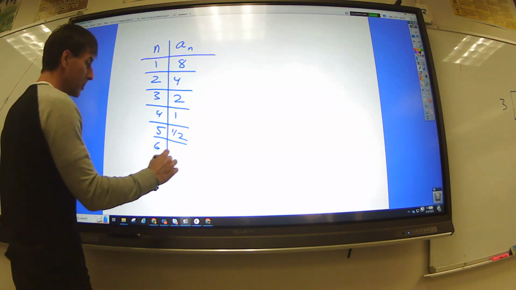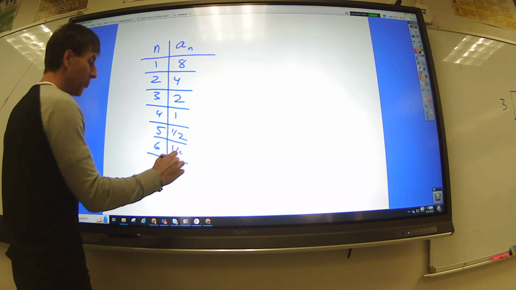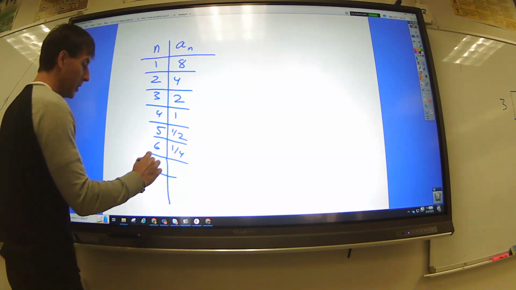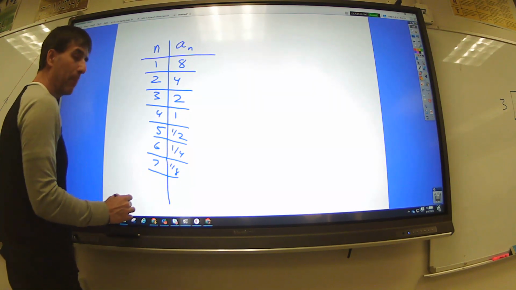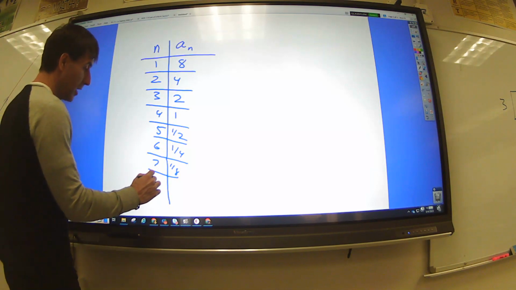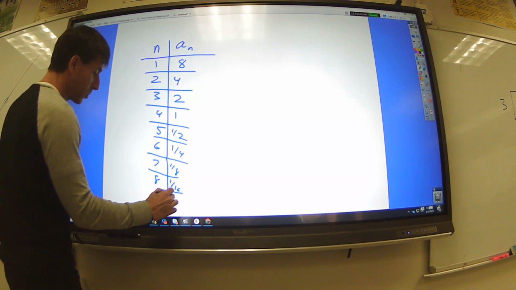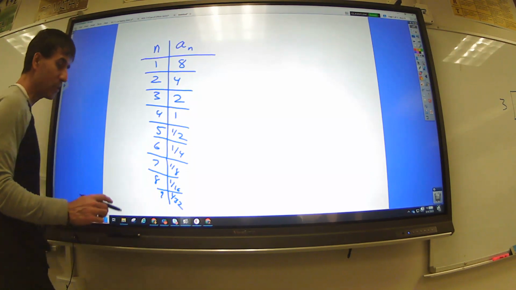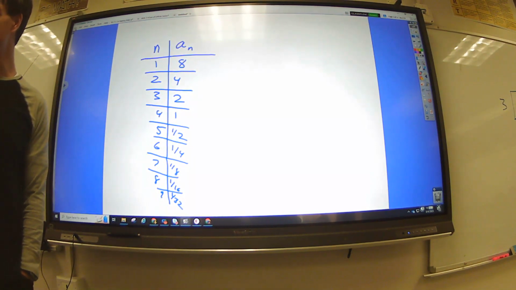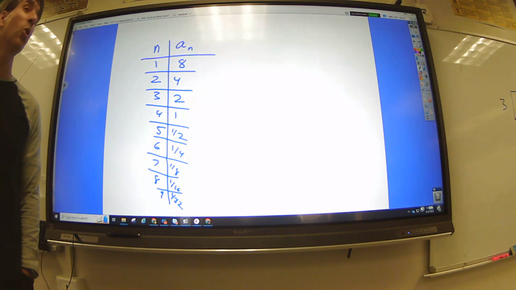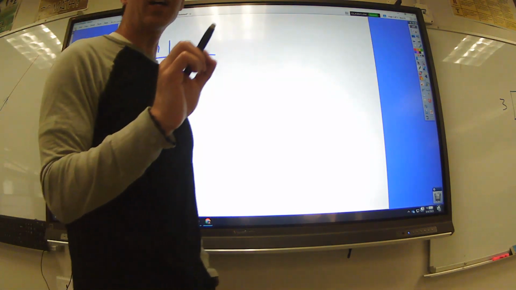My sixth term is going to be what? 1/4. Multiplied by 1/2, the seventh is 1/8. You see what's happening now? The eighth term is 1/16, and then the ninth term is 1/32. See how it's getting smaller and smaller, which eventually it's going to be so small, it's going to be insignificant, and it's not going to matter.